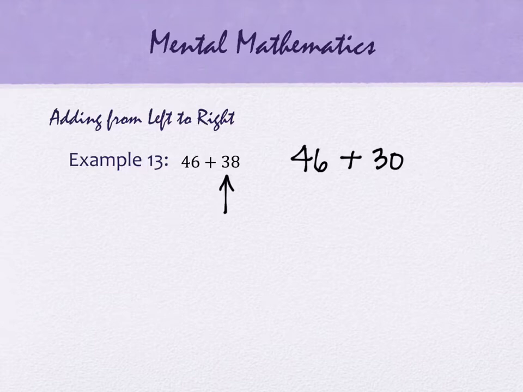The 3 and the 4. I don't have to worry about the 6 because it's adding to 0. So what's 46 plus 30? 76. And then you add on the ones piece afterwards, 8. So 76 plus 8 would give me 84.